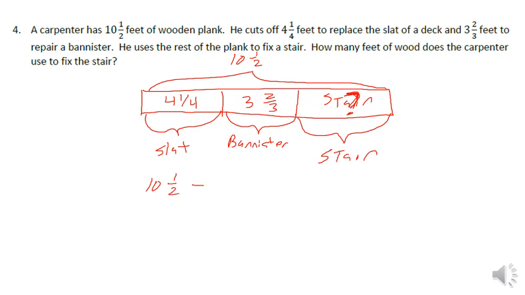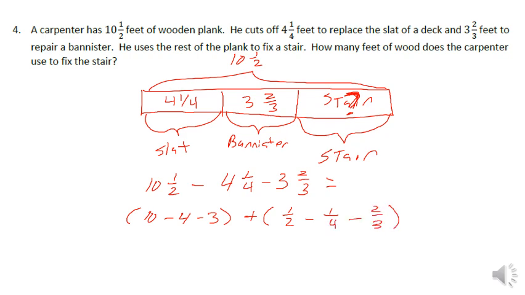So you can see we're going to have 10 1/2 minus 4 1/4 minus 3 2/3, which will equal how much it was for the stair. So now when we regroup this, we have 10 minus 4 minus 3 plus, in our fractions, 1/2 minus 1/4 minus 2/3. So we have 10 minus 4 is 6 minus 3, which is going to give us 3.